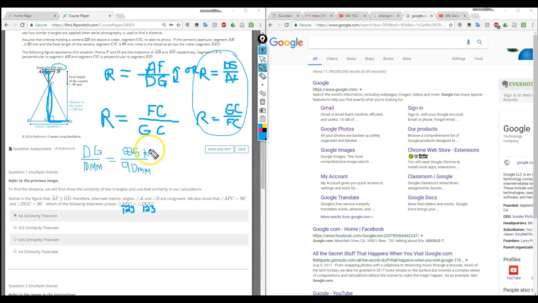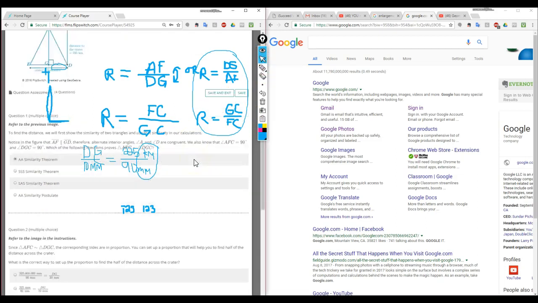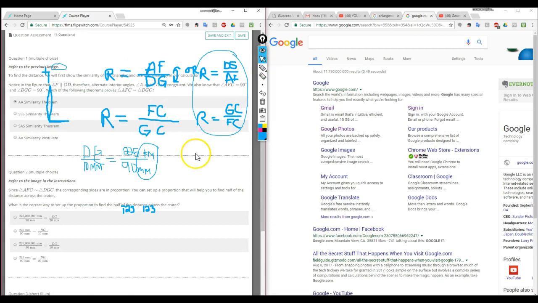So we need to be looking for a setup like this, and we've got to find one that has the correct or the same units all the way around. So in here they all converted it to millimeters, which is great because this one was already 10 millimeters and 90.